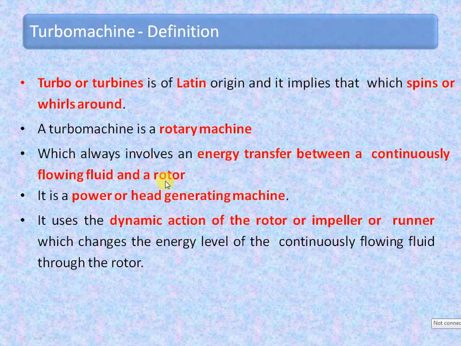The turbo machine is an open type of system. Fluid enters and it leaves. It is a power or head generating machine. It uses the dynamic action of the rotor, impeller or runner, which changes the energy level of the continuously flowing fluid through the rotor.